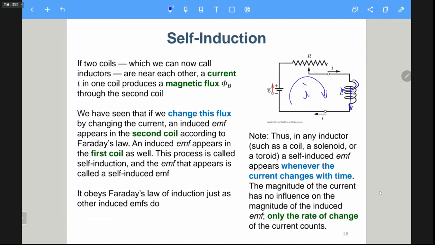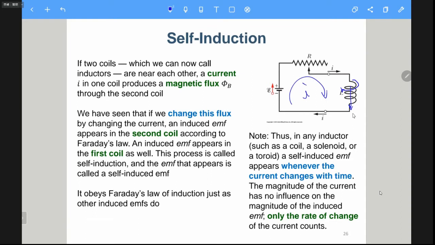And if it is changing, it will generate a changing magnetic flux for the other coils, for example the second coil, the third coil, and so on. If this magnetic flux is changing, then according to Faraday's law, it will generate an induced EMF.